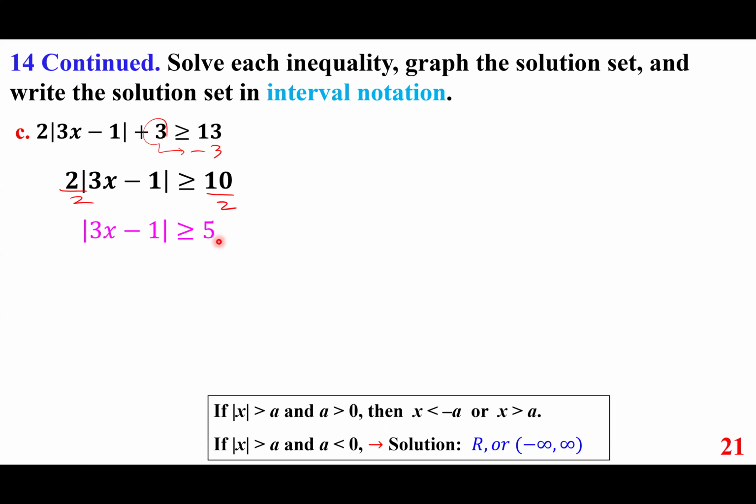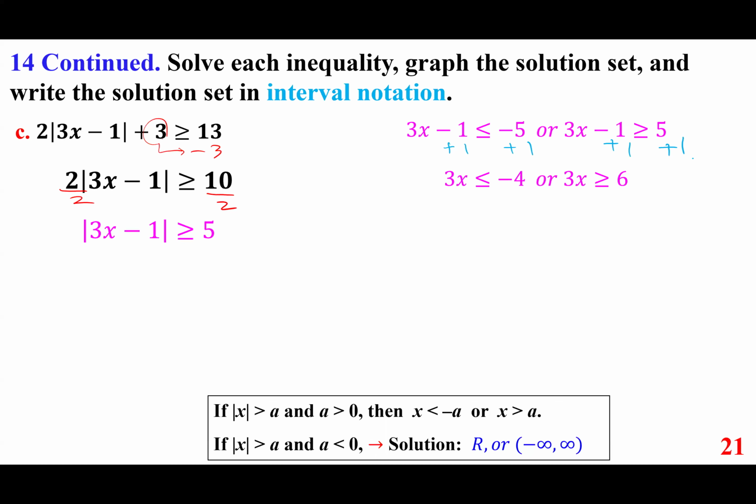Because number 5 is positive, we're going to go this route. That means we're going to drop the absolute value and say 3x minus 1 is less than or equal to negative 5, or 3x minus 1 is greater than or equal to positive 5. We are going to solve two inequalities simultaneously. So we're going to add 1 to both sides.